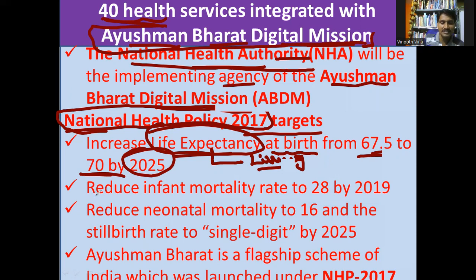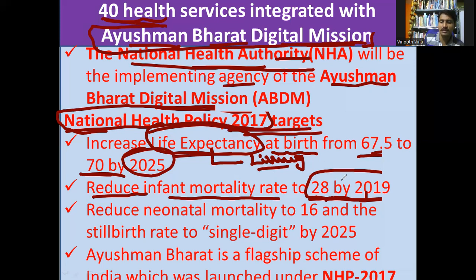The next target is to reduce the infant mortality rate to 28 by 2019. It was announced and launched in 2017, and before that it was more than 30 deaths. What is the infant mortality rate?